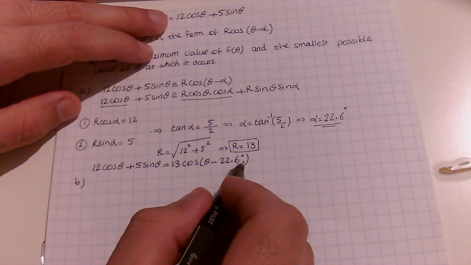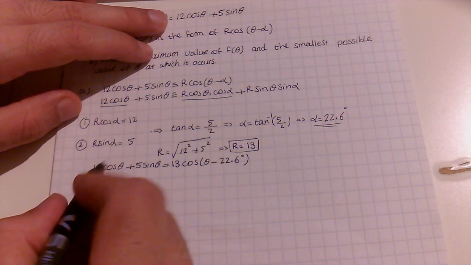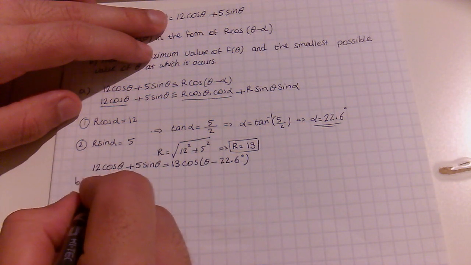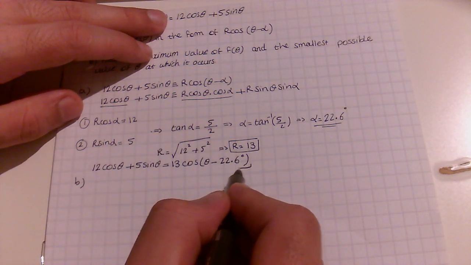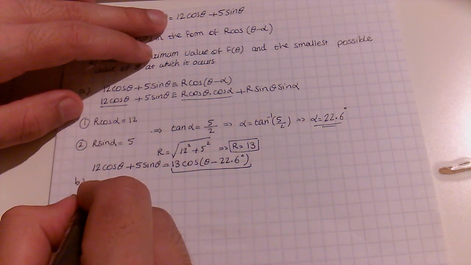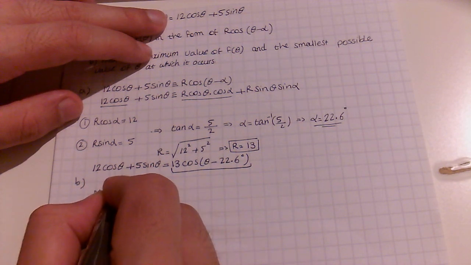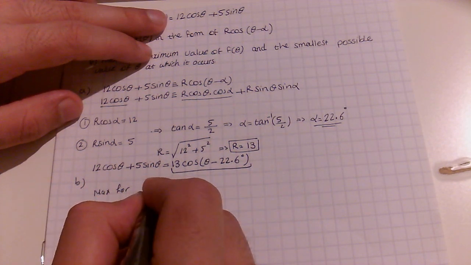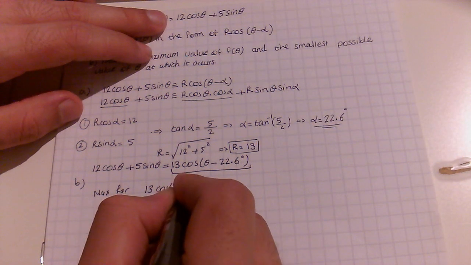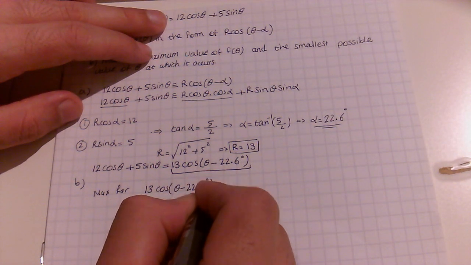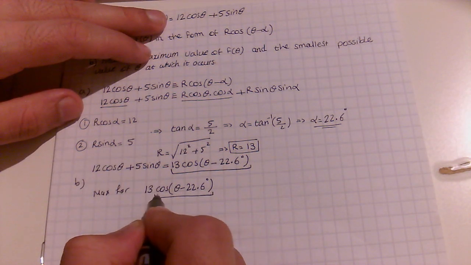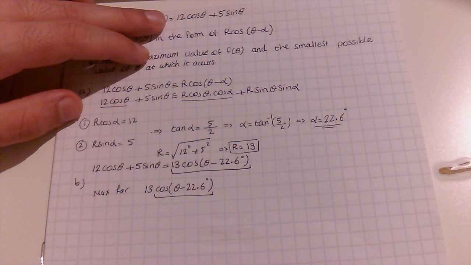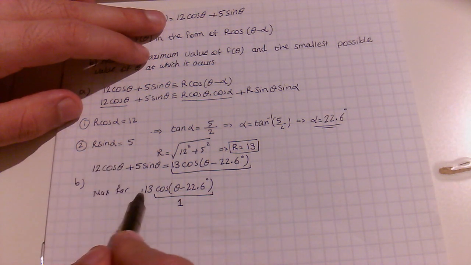Therefore, using equation 1 and 2, 2 divided by 1, sine divided by cos, you get tan. Tan alpha is 5 over 12, which means alpha is tan minus 1 of 5 over 12, and finally alpha is equal to 22.6 using your calculator, where alpha is less than 90 and greater than 0 degrees.